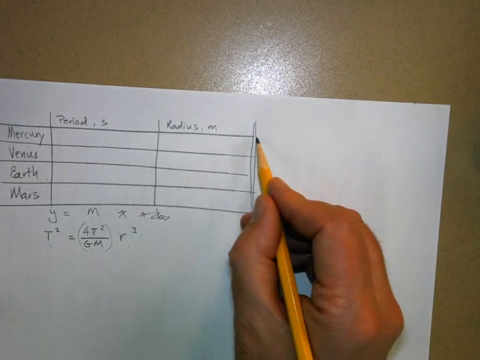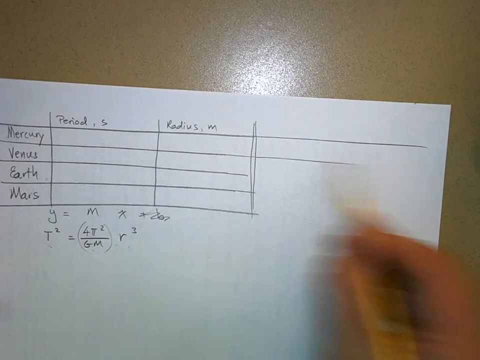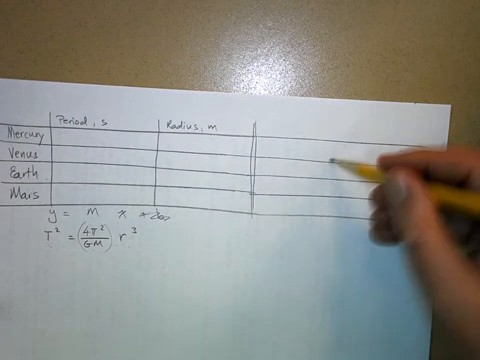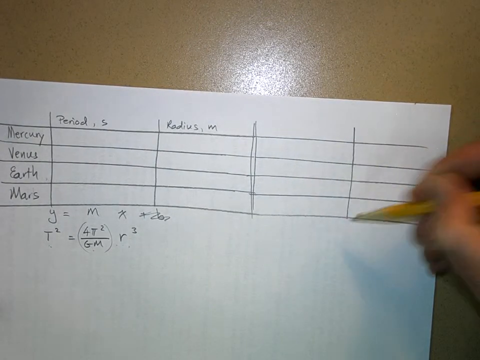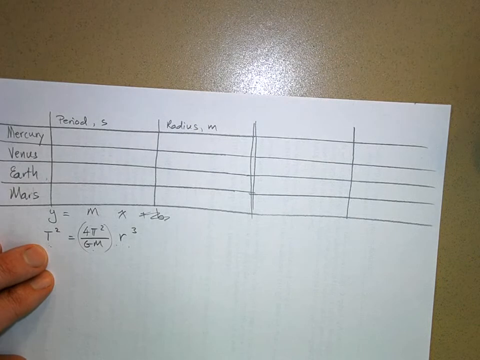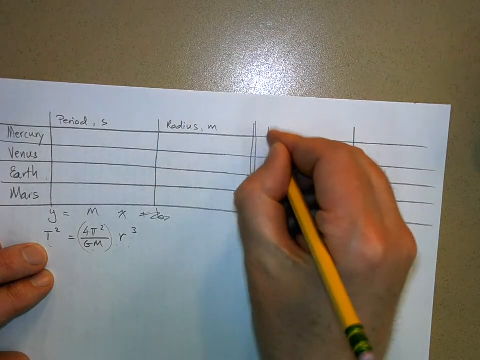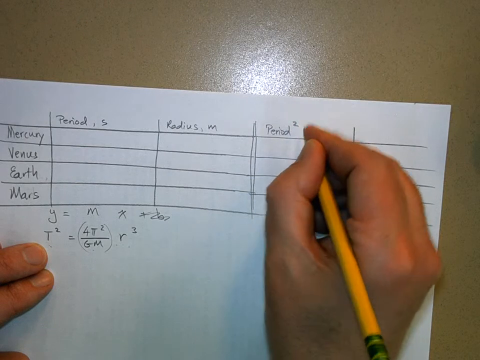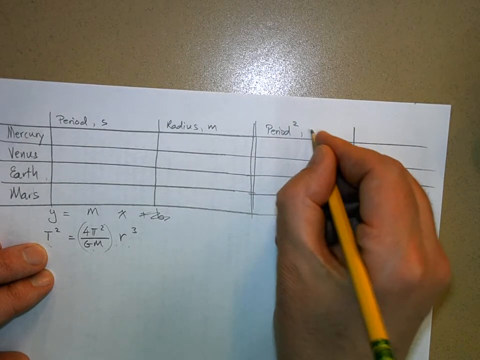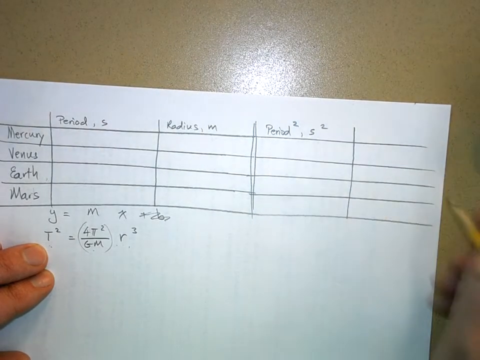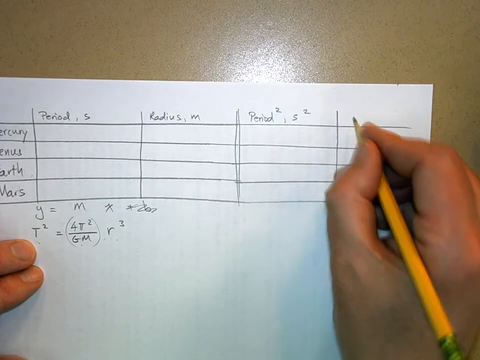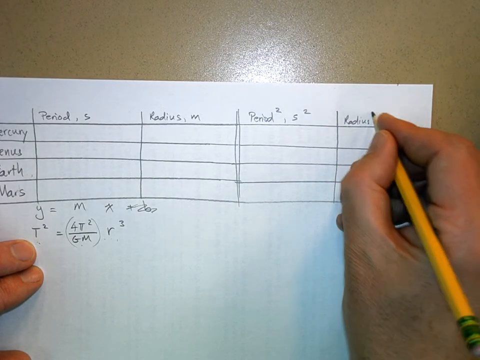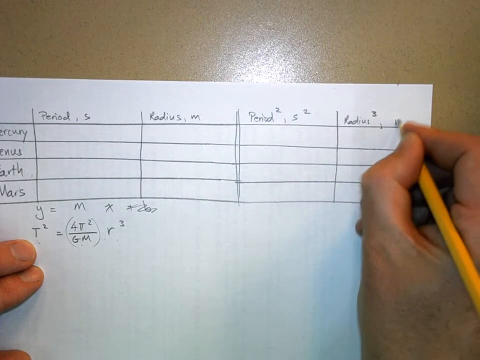So you're going to need to figure out over here, and this is not going to be easy, period squared in seconds squared. And here I want you to do radius cubed in meters cubed.